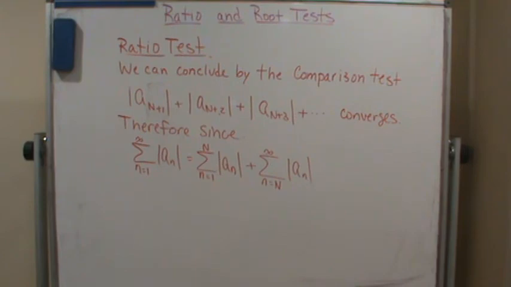So we can conclude that the series of the absolute value of a sub n from n equals 1 to infinity converges.